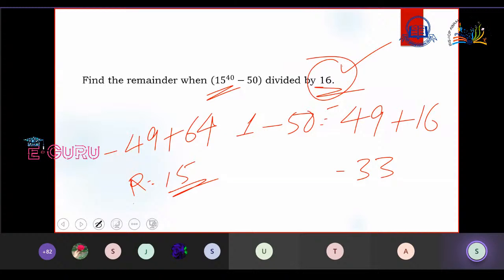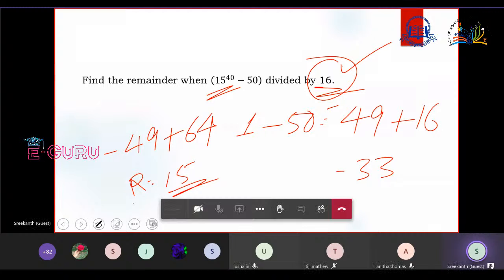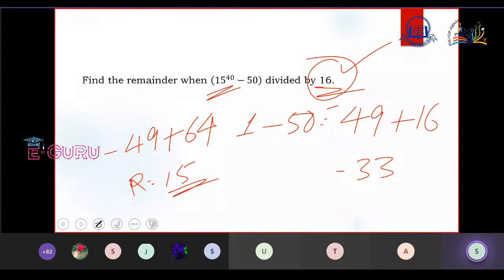The sign need not be considered; we are just considering 49, not minus 49. So we take the multiple of 16 which is greater than 49, that is 16 into 4, 64. We add 64 directly to minus 49 and get the remainder as 15. That's it.